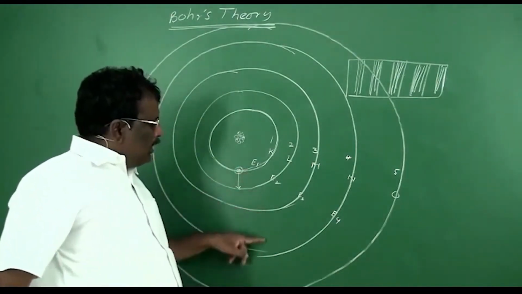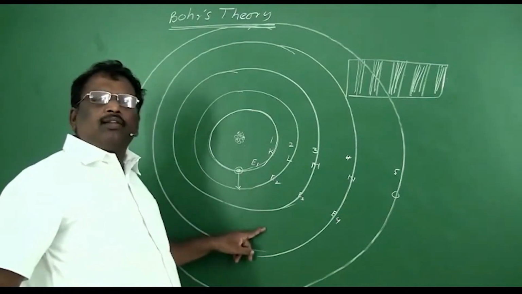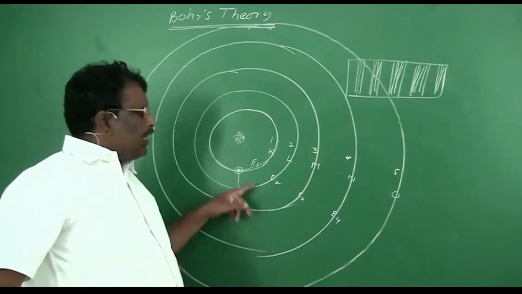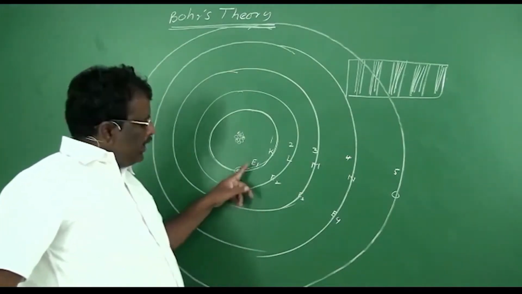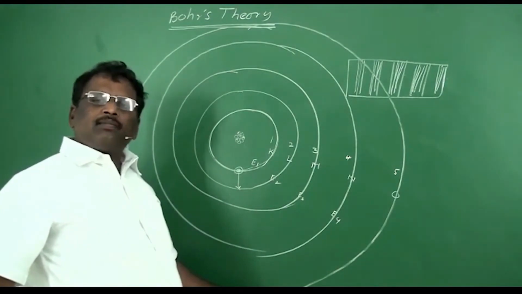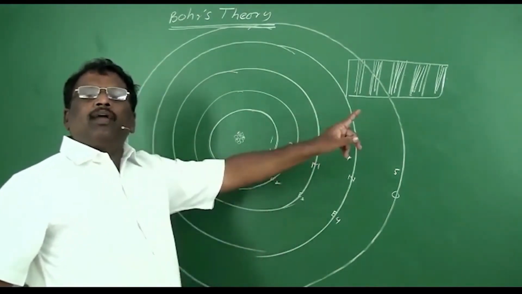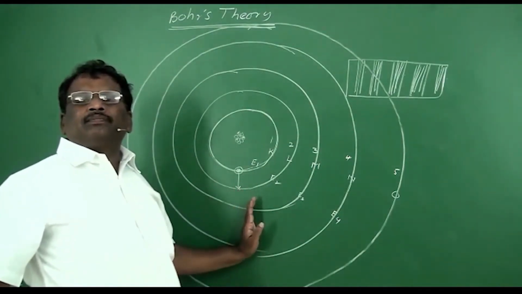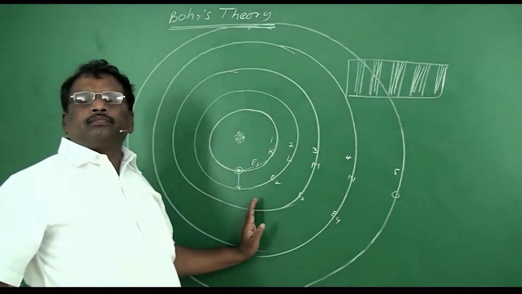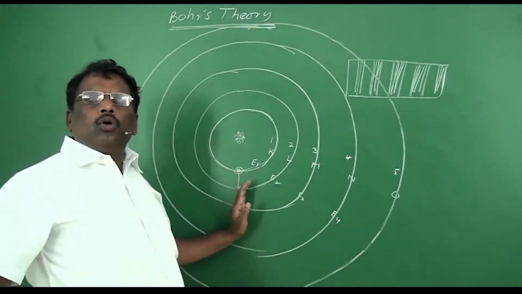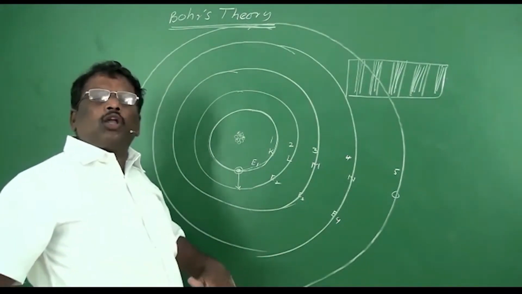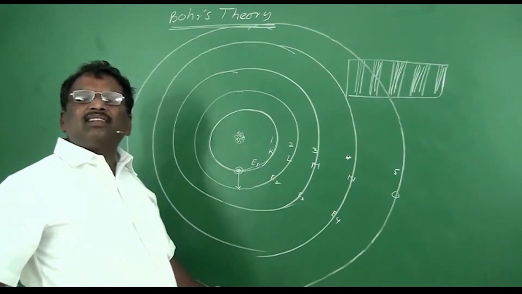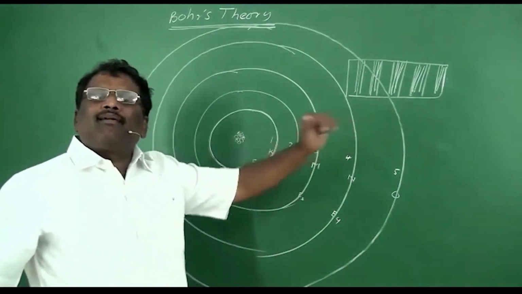So based on the difference in these energy levels, or the number of photons absorbed by these electrons, the electron may be excited to any one of the higher energy levels, and it will form a line with respect to that energy. So when electrons absorb energy, they get excited to higher energy levels. Then they form absorption spectra.